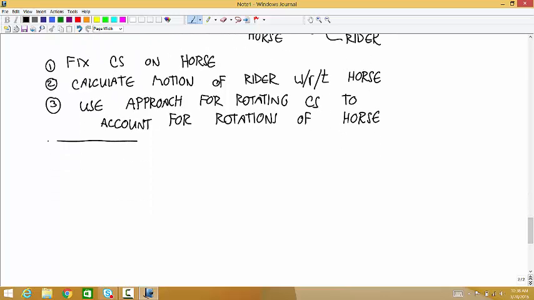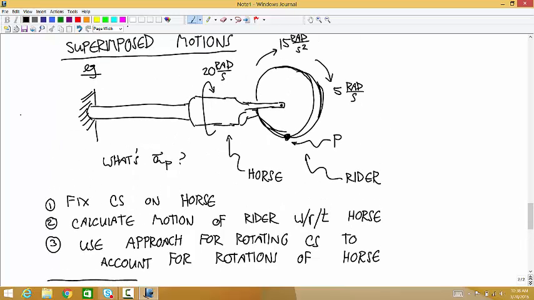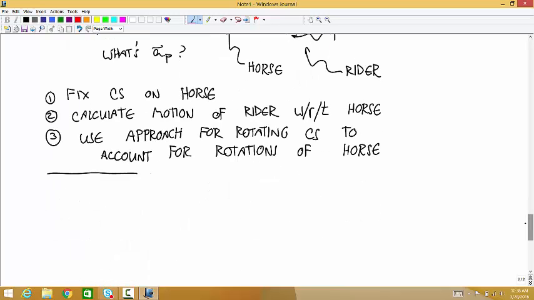Okay, so for this example, if we call this body 1 and this body 2, fix the coordinate system to body 1.